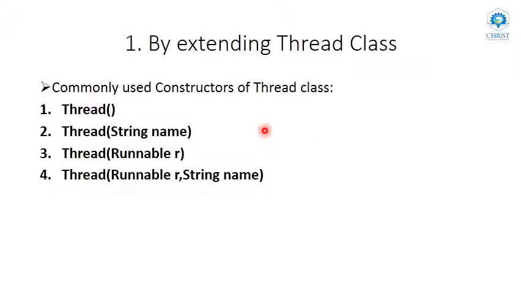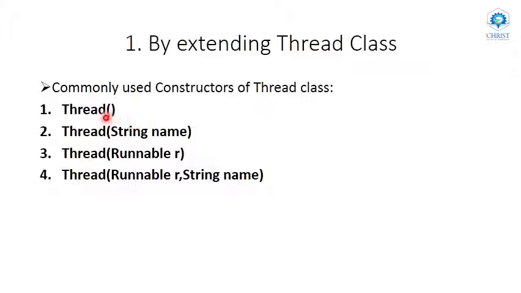So we mentioned some constructors in thread class. These are some of the commonly used constructors inside class thread. We know what's a constructor. Constructors are methods having the same name as that of the class. So our class name is thread, therefore the constructor's name must also be thread. So this is one constructor, this is another constructor, this is the third one, this is the fourth one.